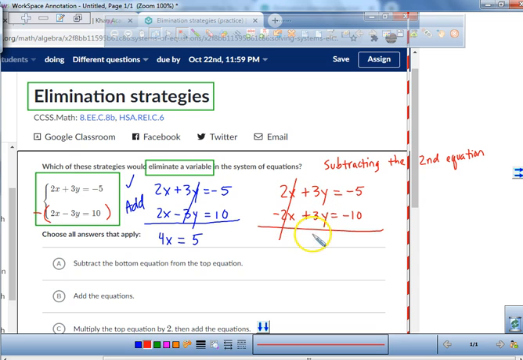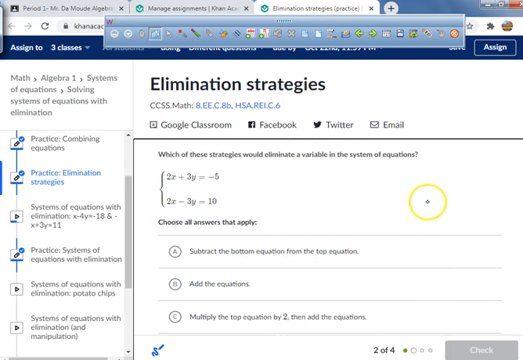They cross out. How many y's do I got? 6y. When I add those together, I get -15. And guess what? Did I eliminate a variable if I subtract the second from the first? Okay? All right, so far, I can subtract the bottom equation from the top equation.